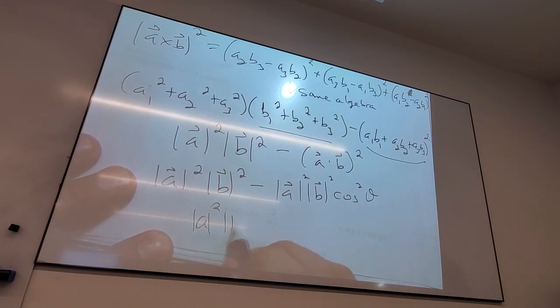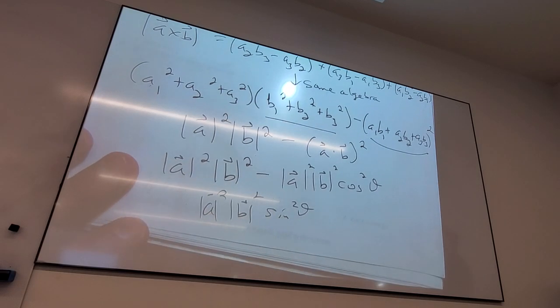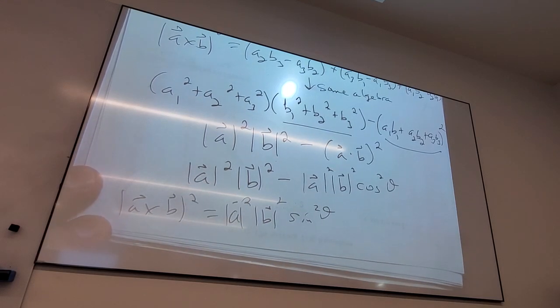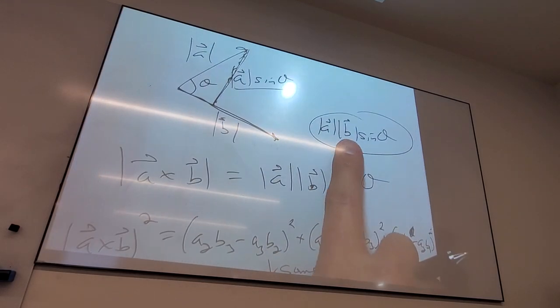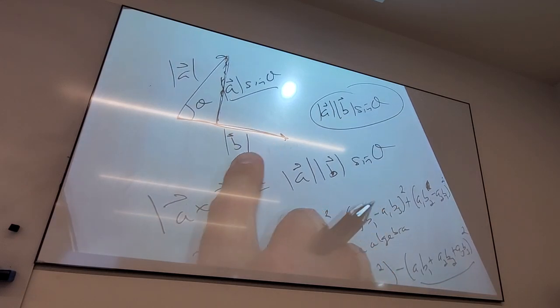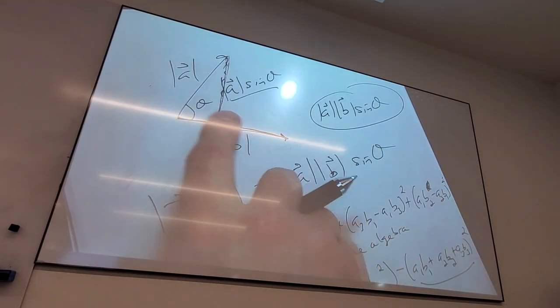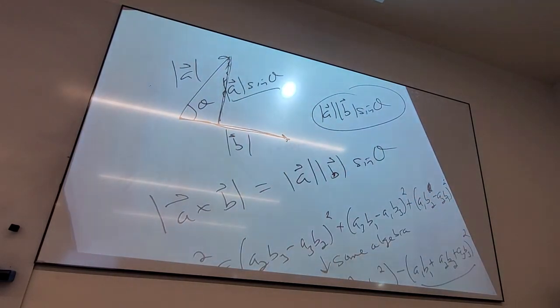A squared b squared sine squared. Yes? And that's equal to what I started off with, a cross b squared. So if I take the square root, I get that. Which jibes with what I want it to be. I want the cross product to just multiply the components that are perpendicular to each other, because the dot product gets the other stuff. Yes?